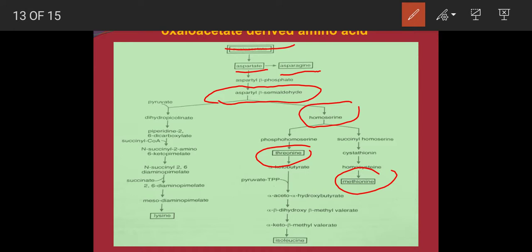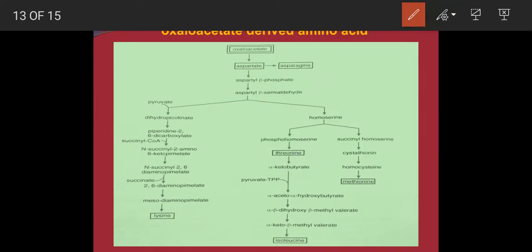This aspartyl beta semialdehyde, when combined with pyruvate, gives rise to lysine in a 3 stage reaction. Threonine then gives rise to isoleucine. Thus, we see that oxaloacetate is a very important precursor family, and 6 amino acids are synthesized from oxaloacetate.